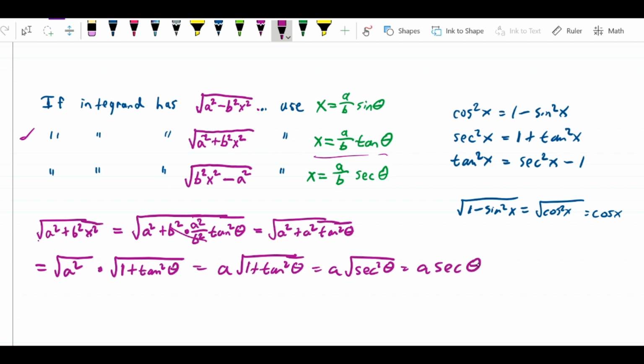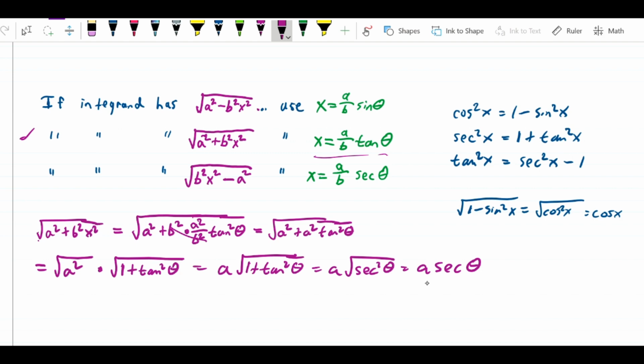So the point is that by using that substitution, what I end up with is just some constant times secant theta, which is more likely to appear in an integral that I can actually evaluate.